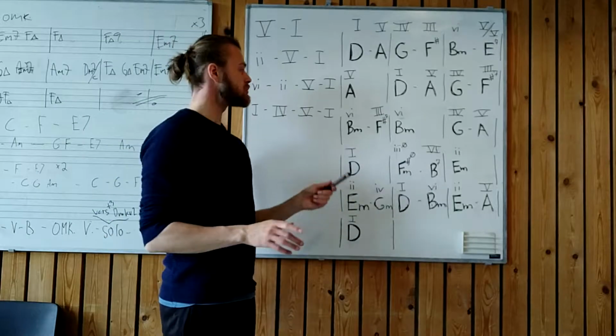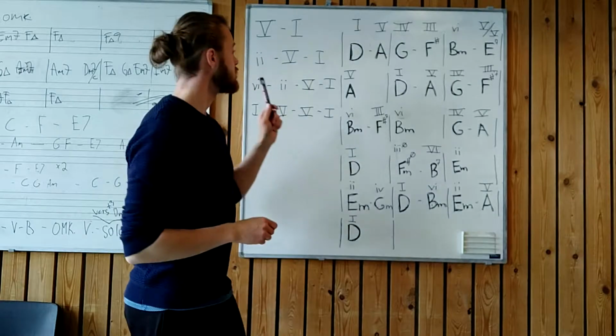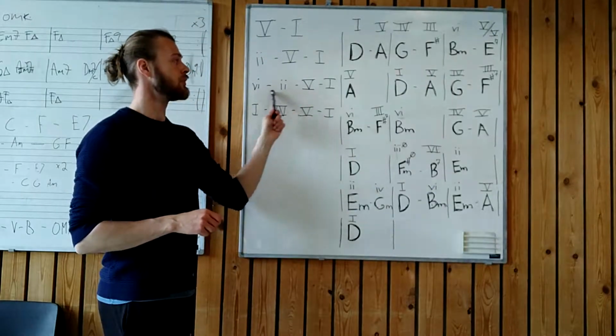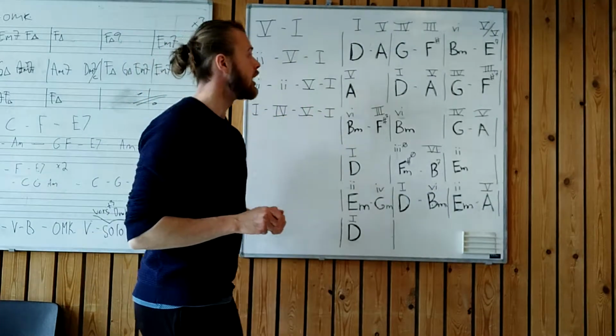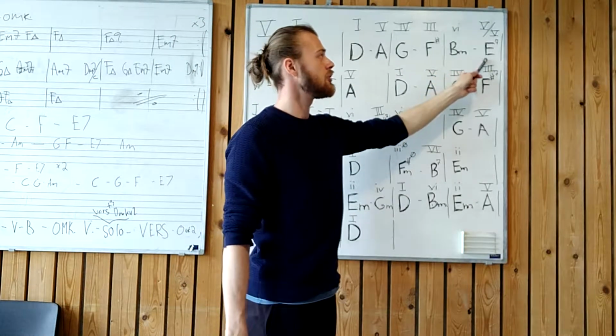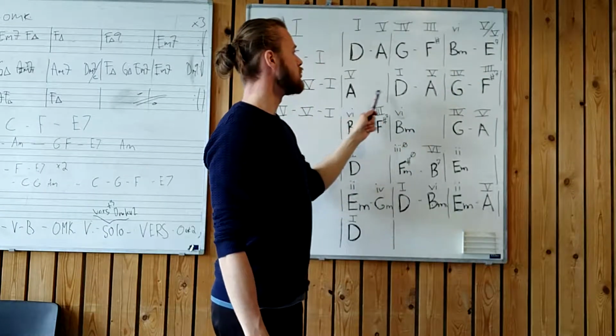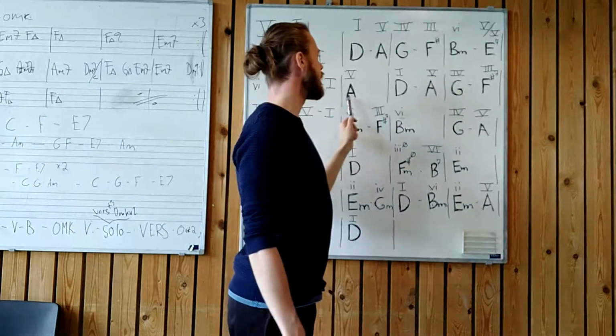The first of these progressions we find in this song is the 6-2-5-1. This one over here. It's over here. 6, a 5/5 is also a 2, 5, 1. 6-2-5-1.